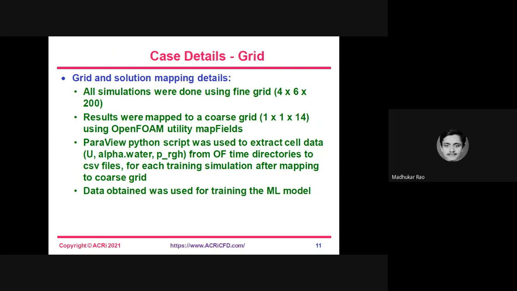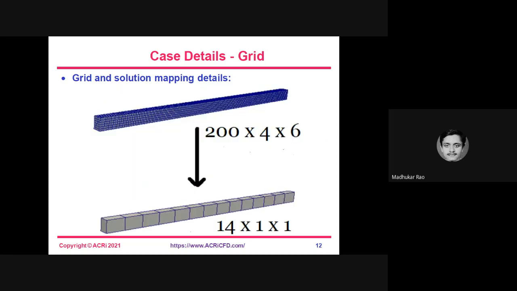My so-called fine grid was not that fine, only about 4,000 cells, but then it's a very thin and long tube. And then we map the data to a coarse mesh to train the LSTM. So you can see on the top my CFD grid for a single tube, and then I coarsen the data to fit my LSTM model too.